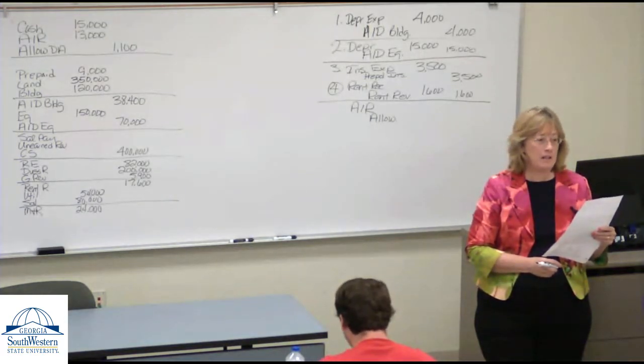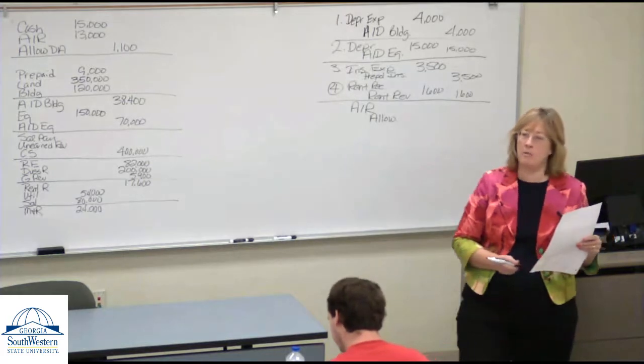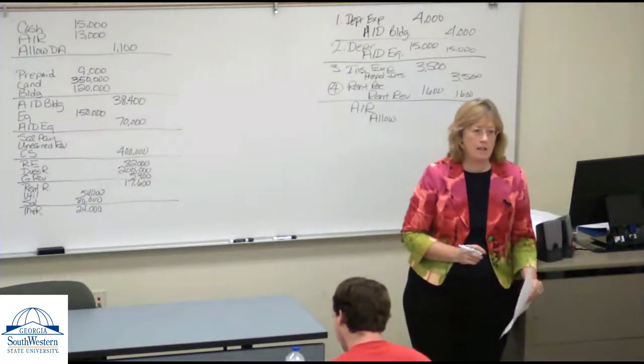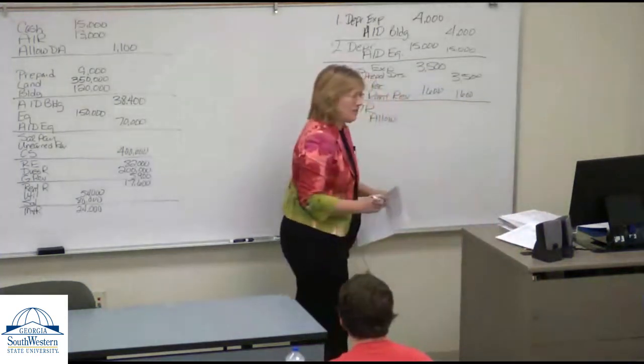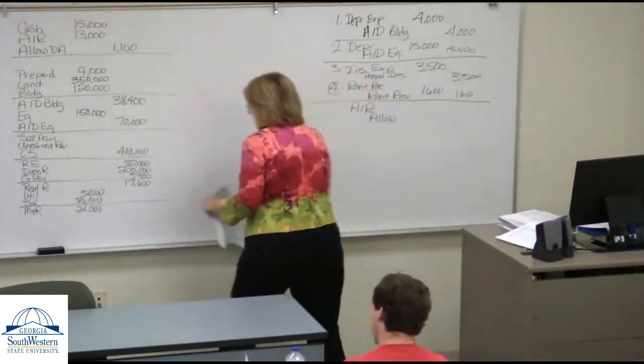What page is it? 108. Okay, page 108. There. Okay, yeah, bad debt expense. Sorry, I kind of gave you the answer there when I said bad debt expense, right?